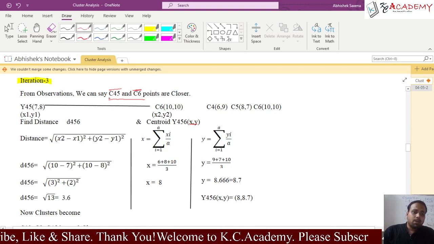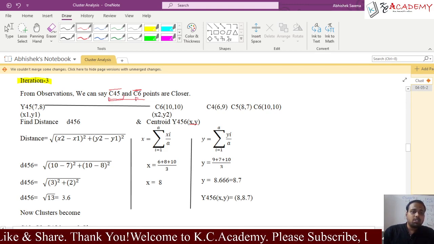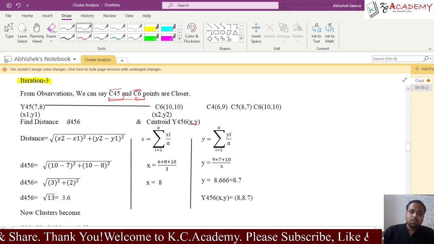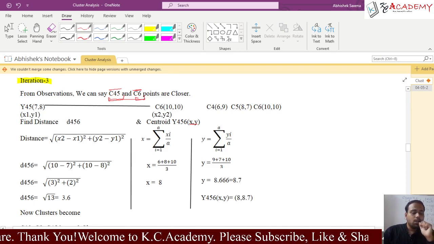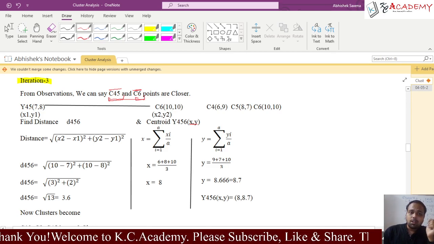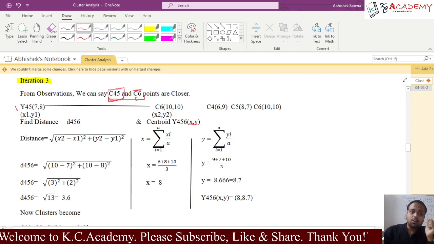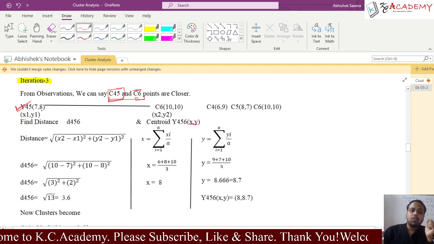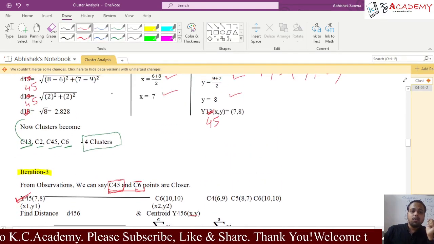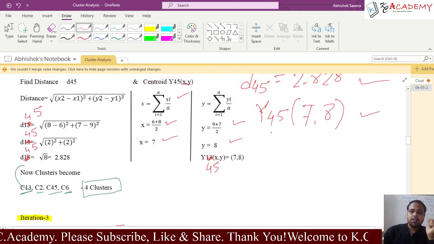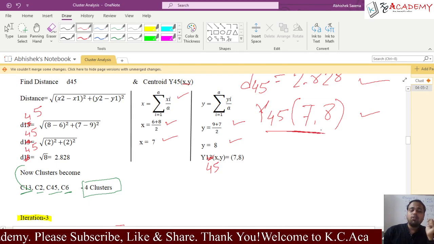But remember, these are 3 points, and for 3 points we cannot find the distance. So how will we find the distance? For C45, the cluster of 45, we have to use the centroid value of 45. What is the centroid value? That is 7, 8. So we'll use this value for finding the distance.